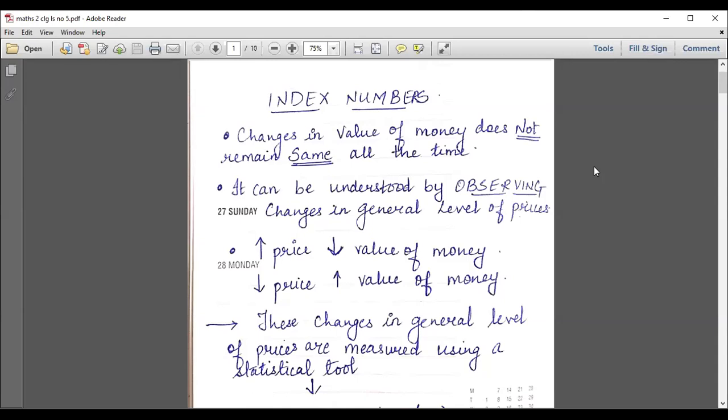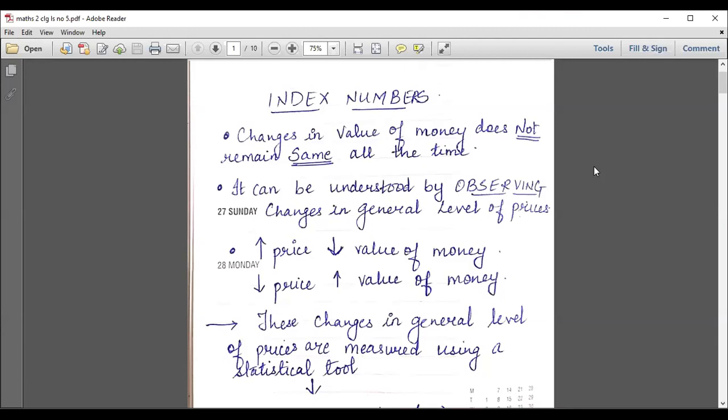This particular chapter helps the country or the people to understand. For example, take the current scenario, the COVID-19 case. The economy is globally hit. All the countries of the world are going through a very tough time.